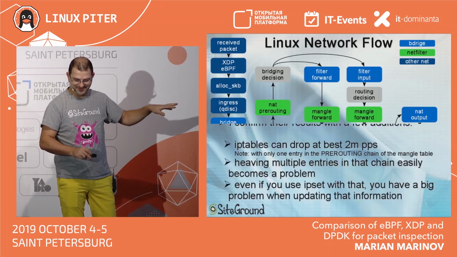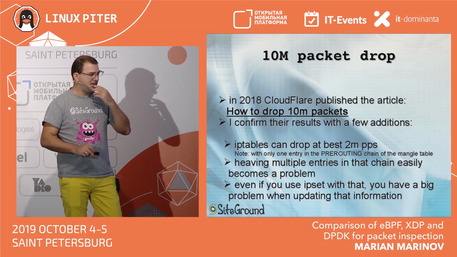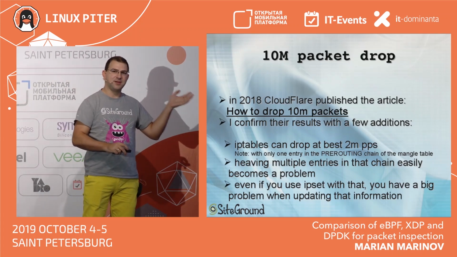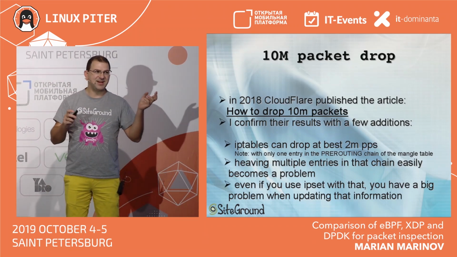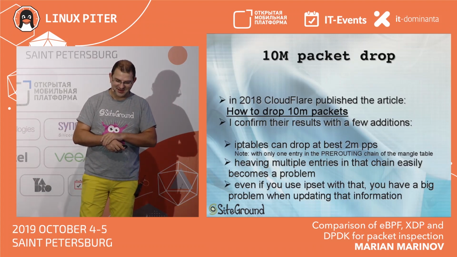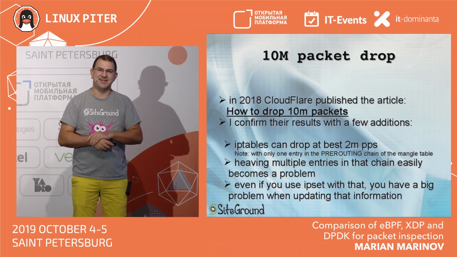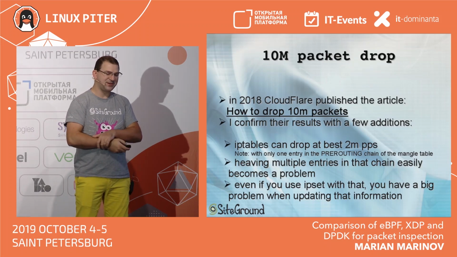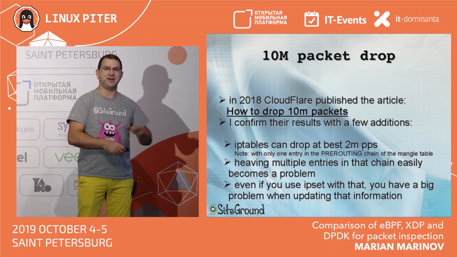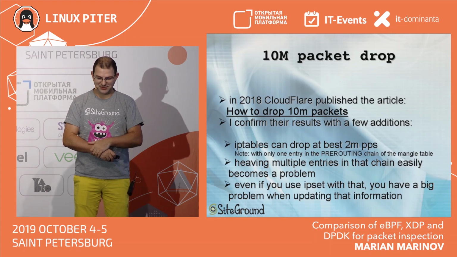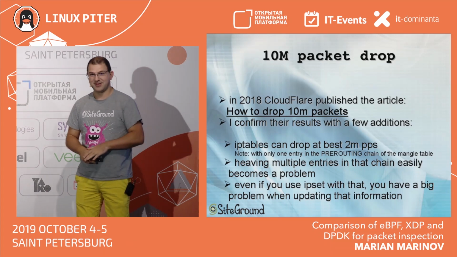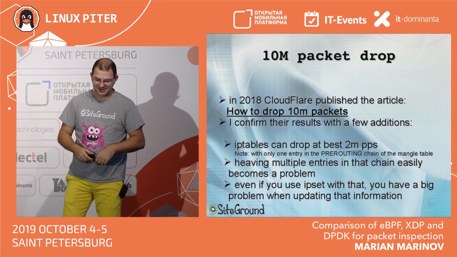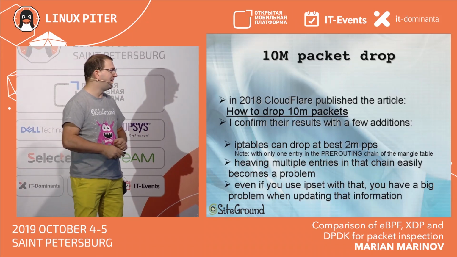You would understand why. So in 2019, Cloudflare had this very nice article about how to drop 10 million packets, which is very nice, and I confirmed their results and actually used their slides here in my presentation because I didn't have time to, again, get the numbers from my home lab.